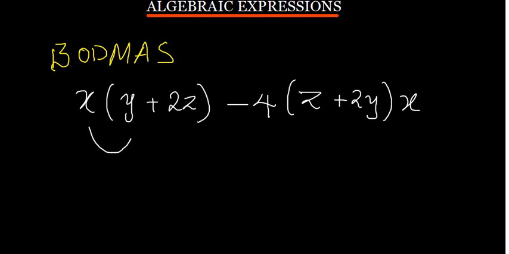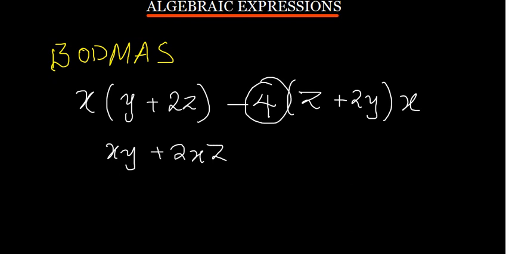I'm going to multiply x with what is inside. So what you are going to have is xy, and then x times 2z, that is going to be 2xz, right? And then you are going to get this negative 4 and this x. So that is what? Negative 4x.